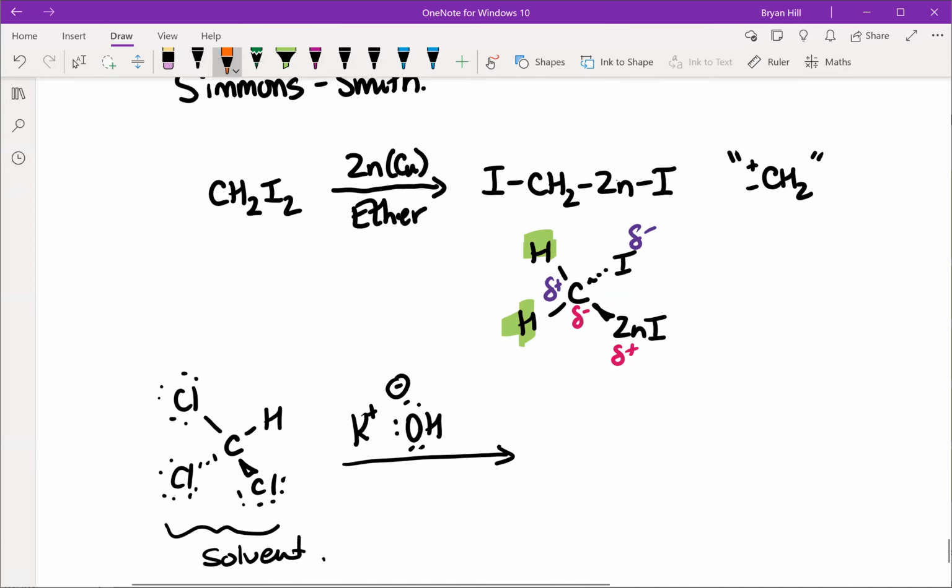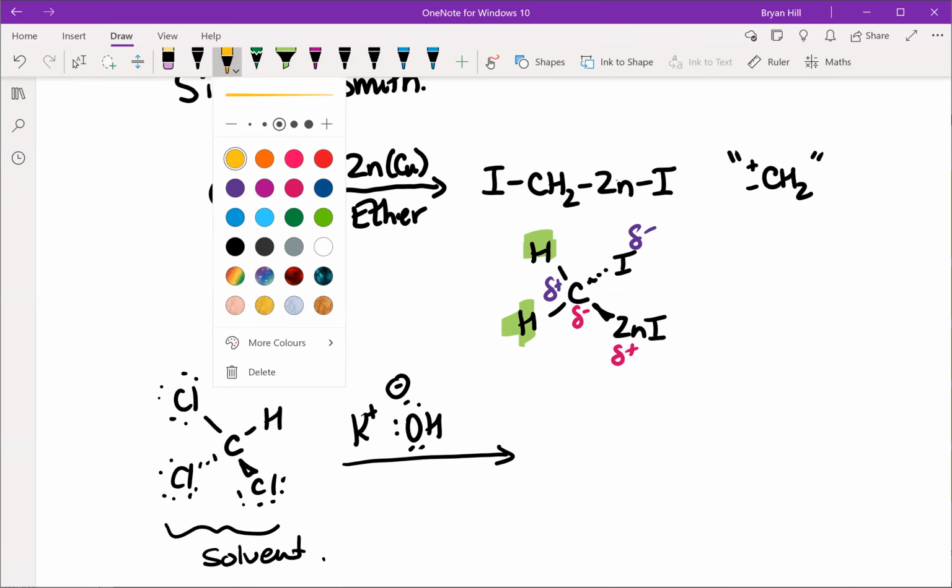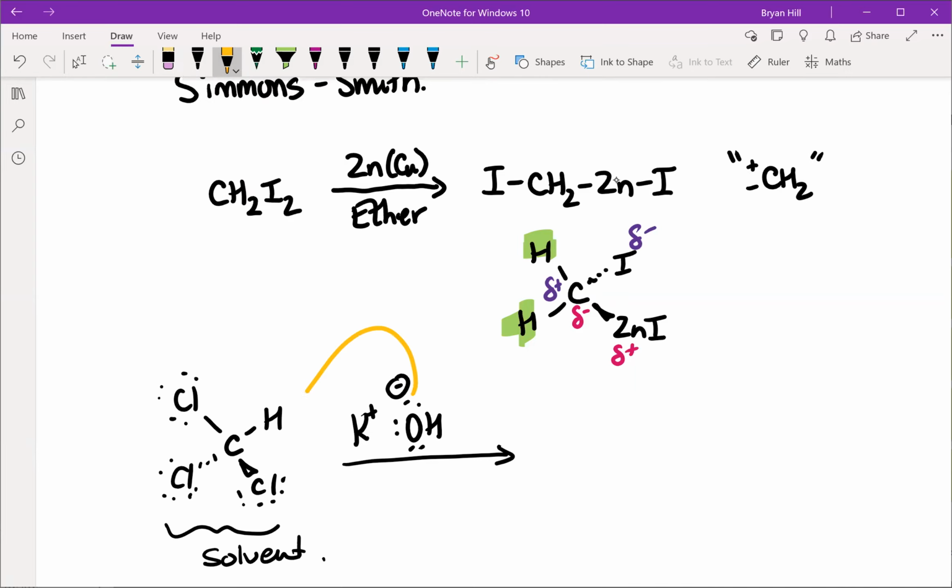So we are going to remove this proton. So this proton here on the chloroform, there's these 3 chlorines which are all electronegative. So that makes this proton acidic enough that it can be removed with a base.